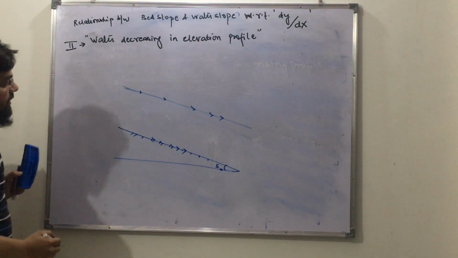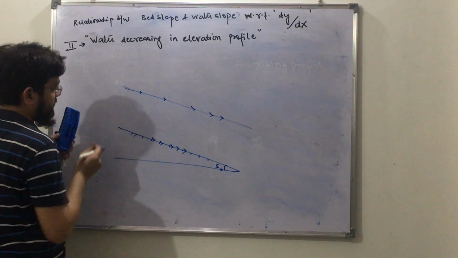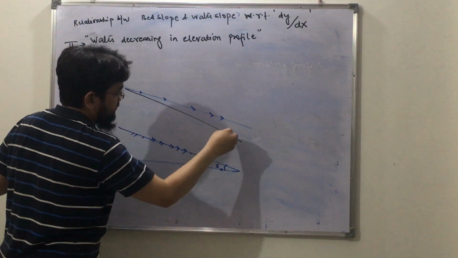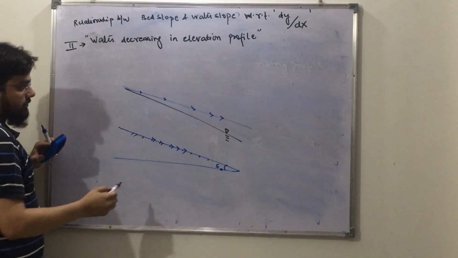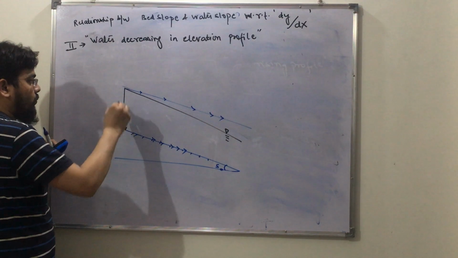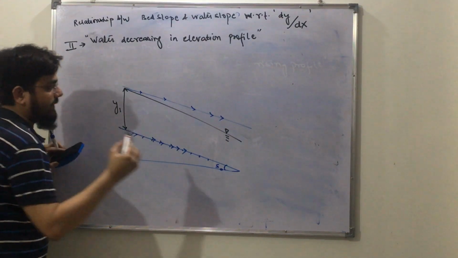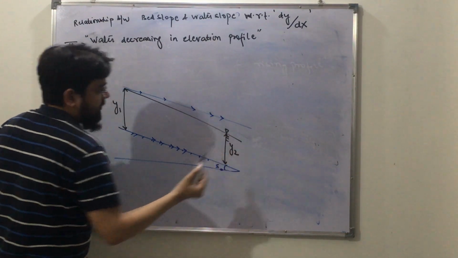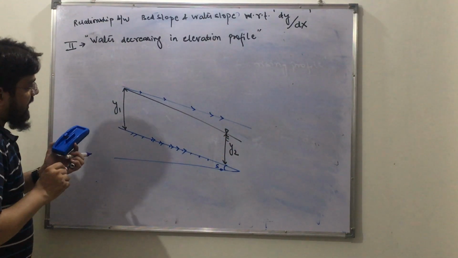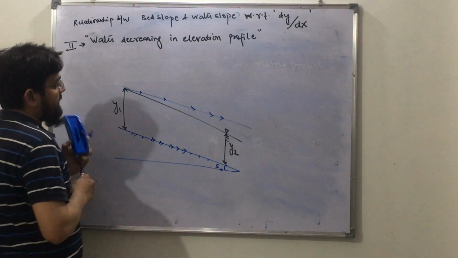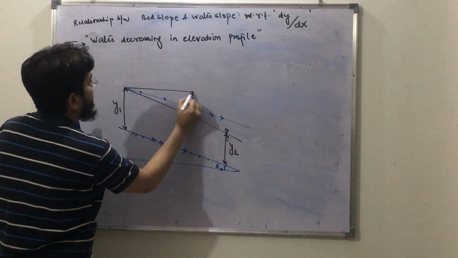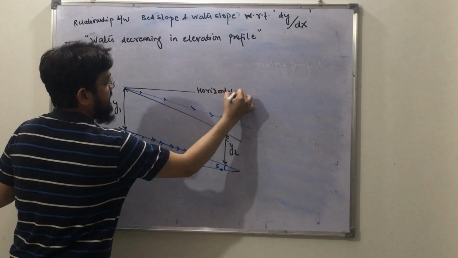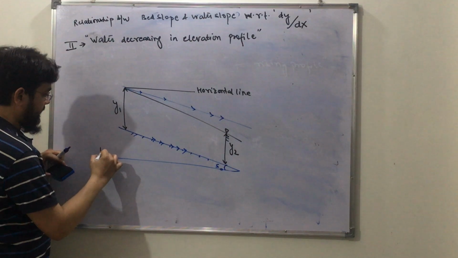We have some elevation, say, since it is decreasing, here we have y1 and here y2, correct? Again we need to calculate with respect to horizontal, so I am drawing one horizontal line. This is a horizontal line, and this is also a horizontal line.